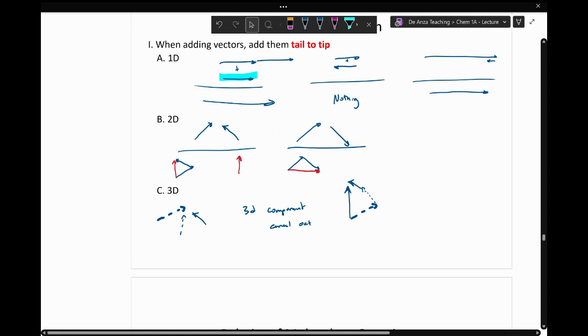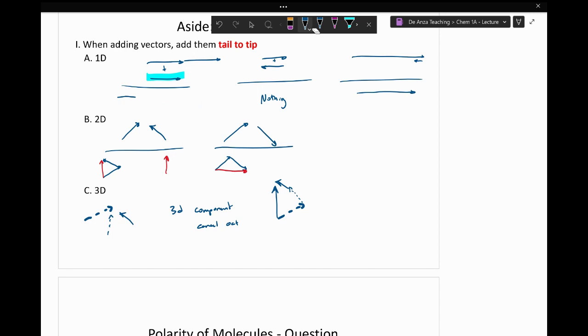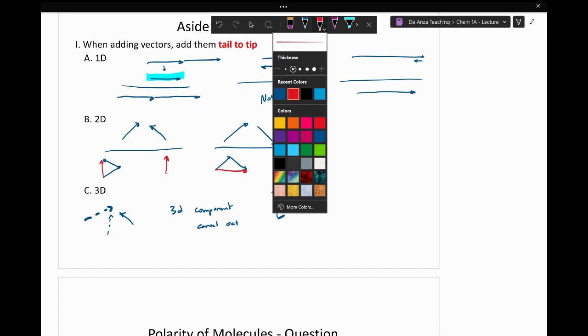And so I have posted in the posted slides maybe a little bit better representation of each of these, just showing what that vector addition looks like. So like I said, for 1D, effectively what we're doing is this and this together gives us a long arrow like this.